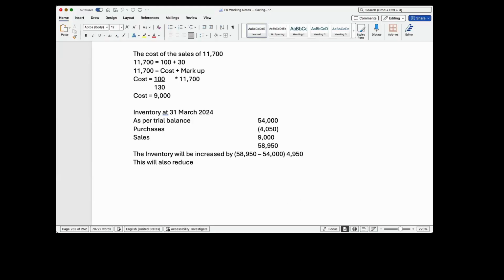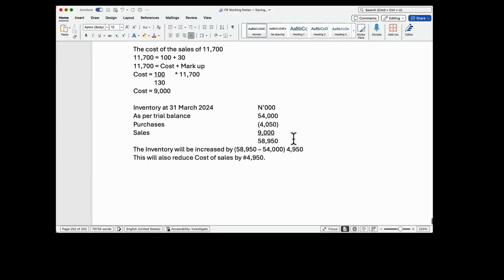Closing inventory is like an income, a potential income, so this will reduce cost of sales by 4,950. In all, I'm debiting inventory with this amount, and I'm crediting cost of sales with this amount. So my double entry is complete. As I'm working it, I'm using my head to monitor my debit and credit, that it is intact. If it's intact, no issue.